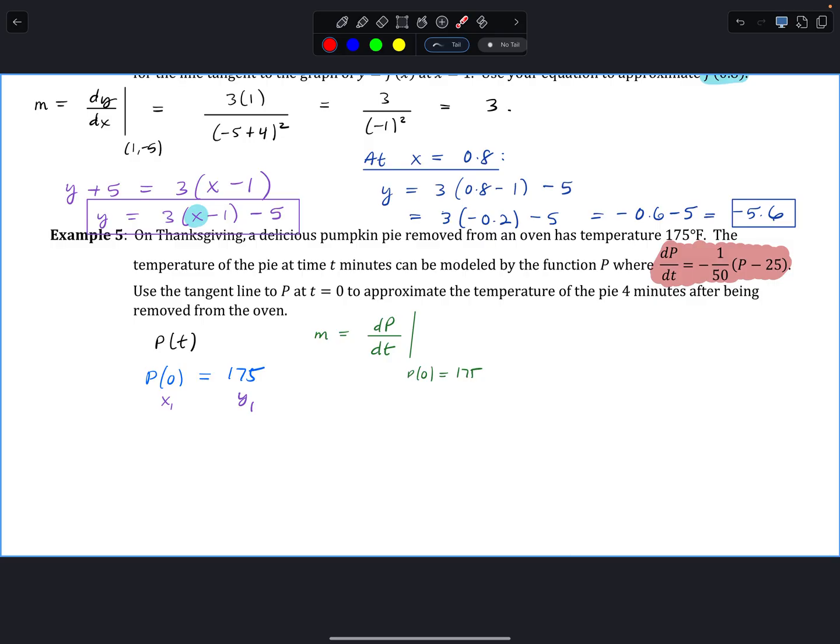Who thinks 0? Good, it's 175, because this represents the temperature. So it's going to be negative 1 over 50 times 175 minus 25. So negative 1 over 50 times 150. 150 divided by 50 is 3. So this is just negative 3.